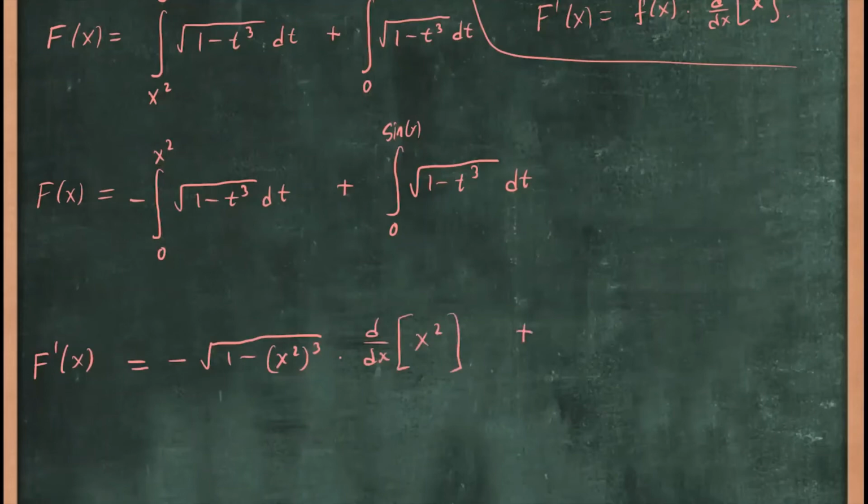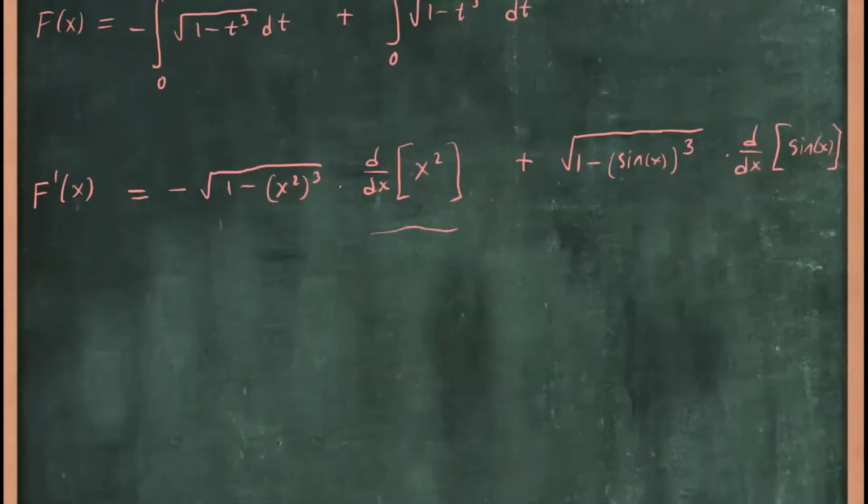Plus, now the second piece, we do the same thing. You have the square root of 1 minus the upper limit of integration, sine of x, cubed, times the derivative of sine of x. So I'm setting it up. Now the final step, I'll be differentiating this and that. That will be our final step to find F prime.